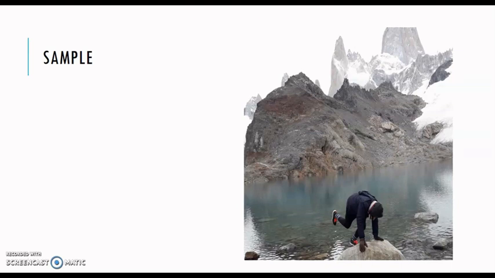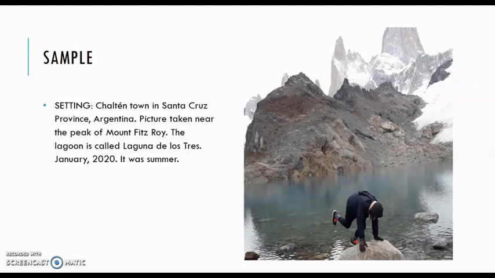Let's now analyze a sample while we review what we were talking about. Let's take as an example the same picture we had at the beginning of this video. Let's talk about the setting. The place is in Chalten, a town in Santa Cruz province, Argentina. The picture was taken near the peak of Mount Fitzroy.